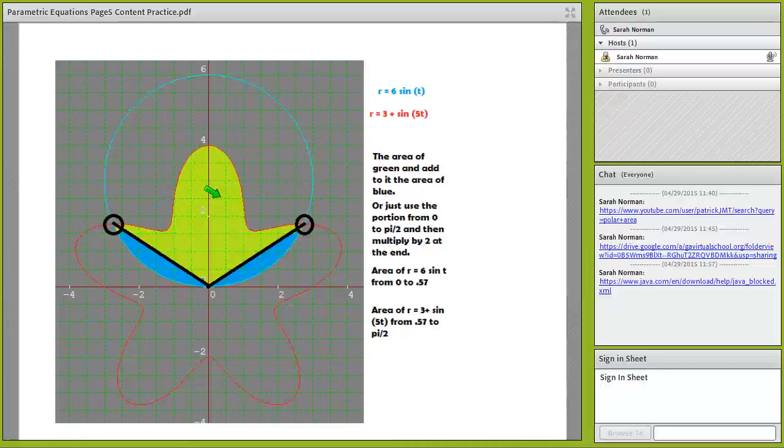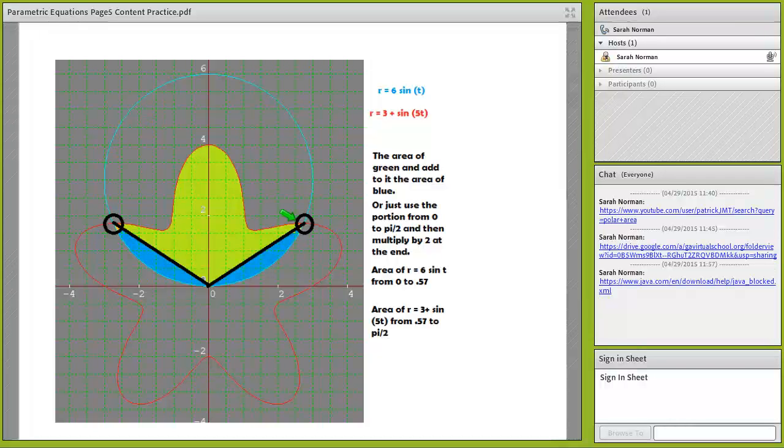I could split, and I'm really just looking at this first quadrant here, because what's going on over here is the same. So if I just find the area of these two sections, then I would multiply it by 2 at the end. But this is easy. This blue section here, this sector, I can do that because that's just a portion of the area of the circle.